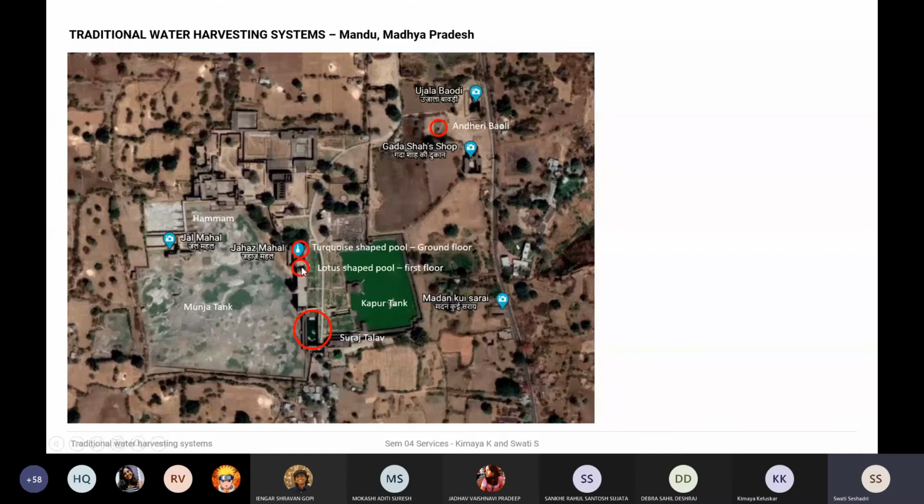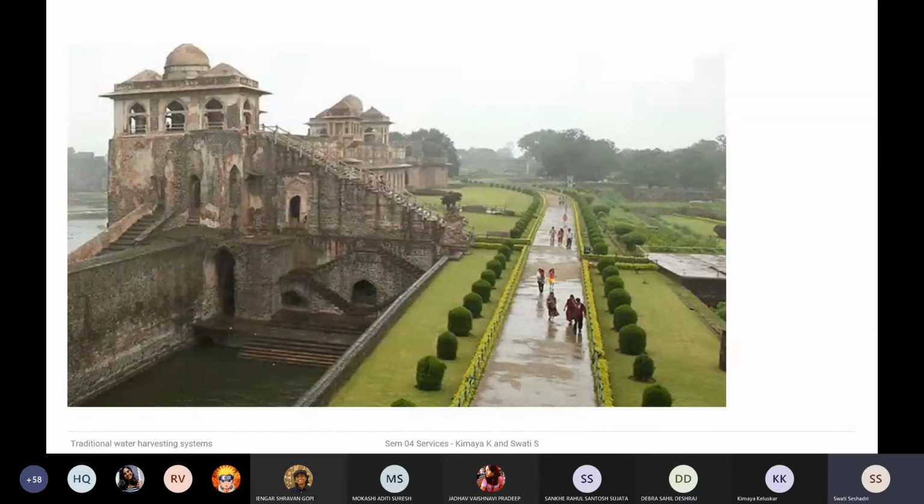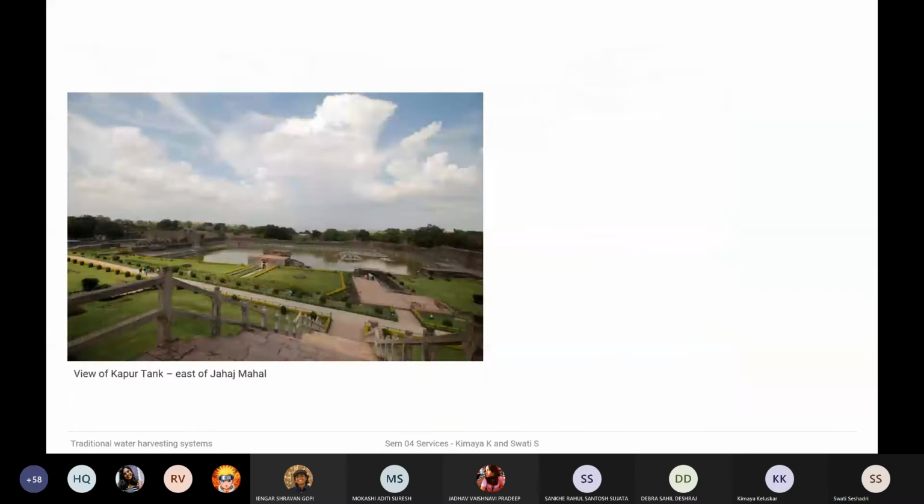So essentially, they are filled through this talab, and that's how the whole pool is maintained. I think it would probably be filled even across the year whenever required. Coming back to the Kapoor tank.